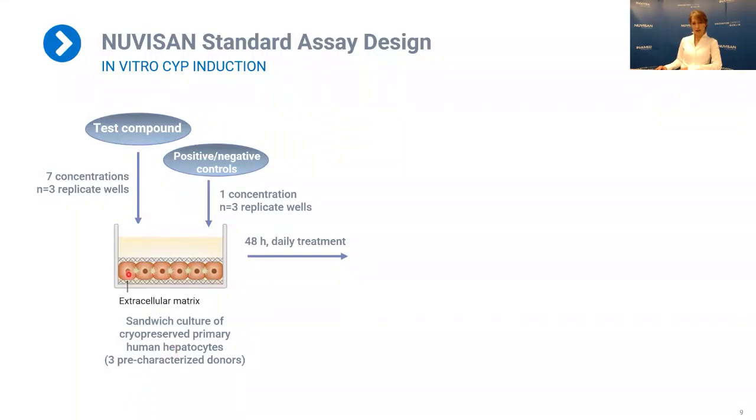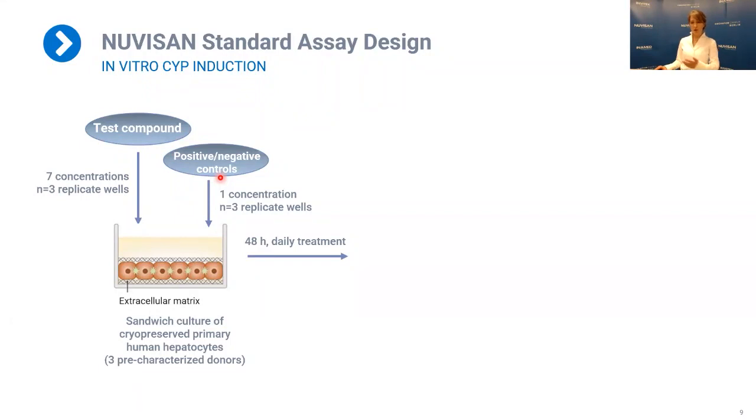We culture our cells in a so-called sandwich format, which means that the cells are embedded into 2 layers of collagen. We start the treatment by addition of the test compound of interest, usually at 7 concentrations and 3 replicate wells. We also include positive and negative controls in our design.